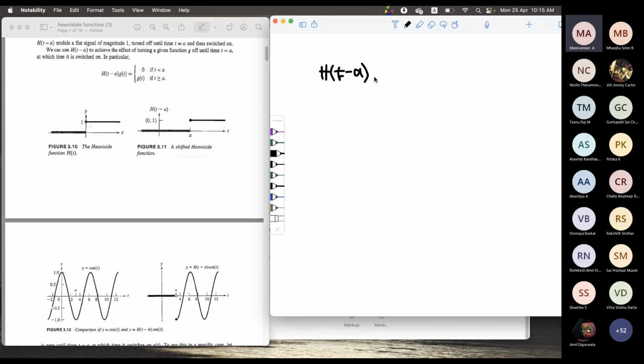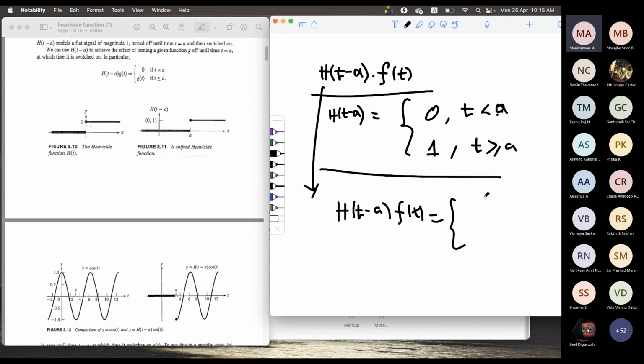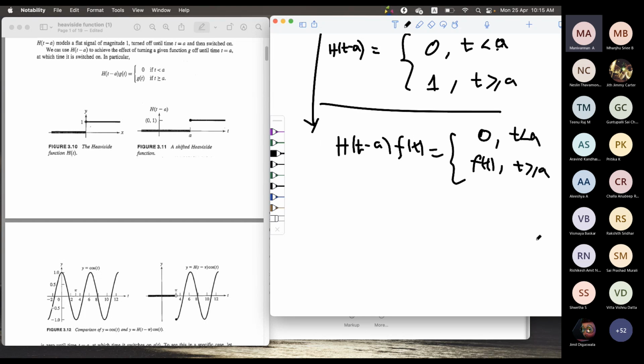Yes, sir. This is h of t minus a into f of t. Suppose I am going to assume my f of t is 0 until the point a. By default, this function is called the Heaviside function or unit step function. Now, h of t minus a is multiplied with some function that I assume, so the corresponding function f of t will start from there.